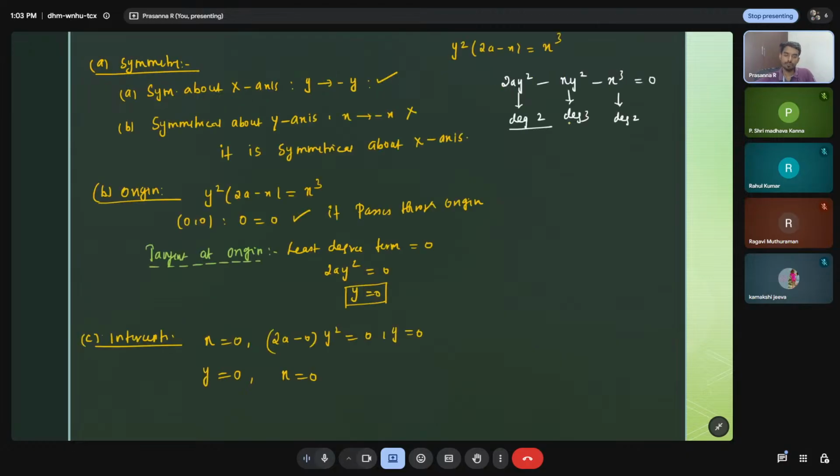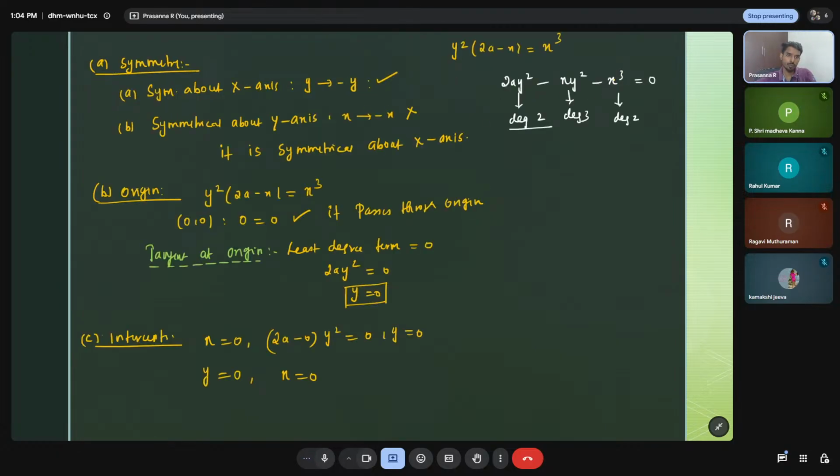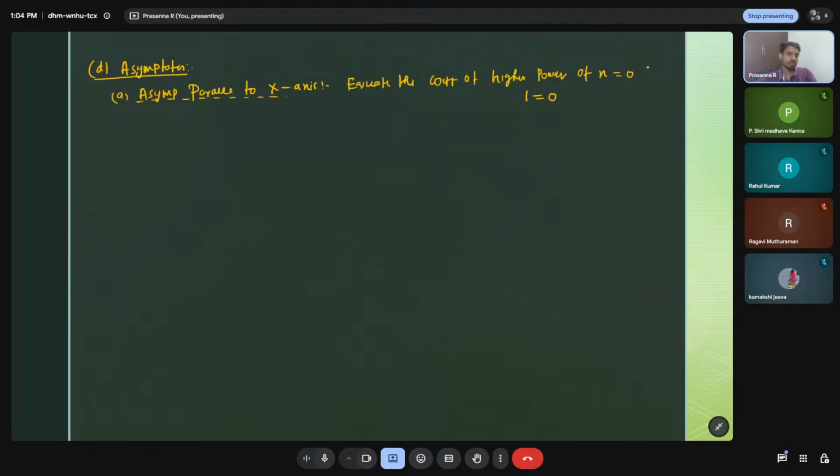So highest power of x is x cube. So we have minus 1 is equal to 0. So it is not possible. So there is no asymptote parallel to x-axis.